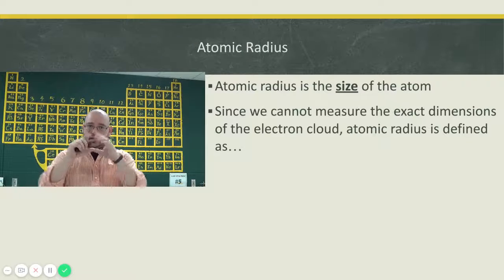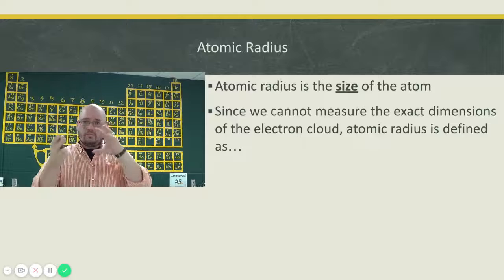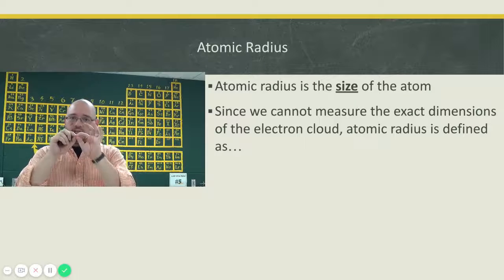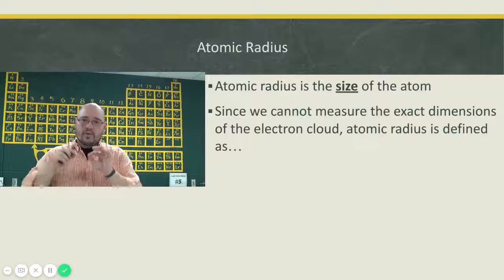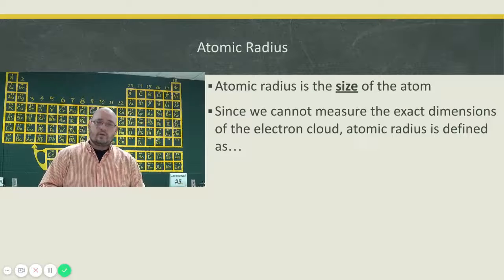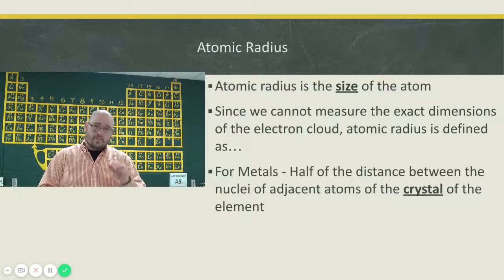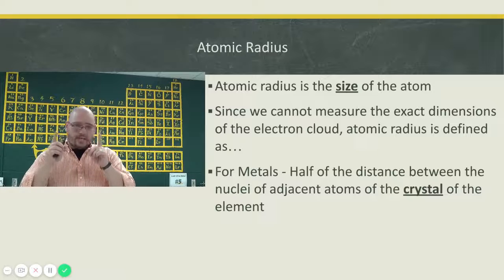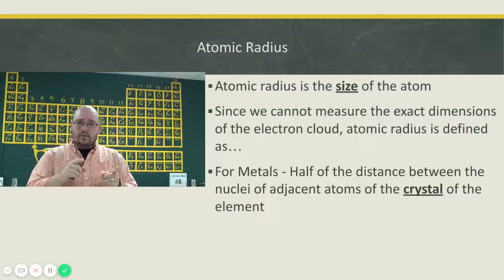Remember, a radius of a circle, atoms are mostly spherical, and the radius is from the center to the outer edge. We can't really measure that outer edge, so the radius for metals is defined as the distance between the nuclei of adjacent atoms in a crystal.